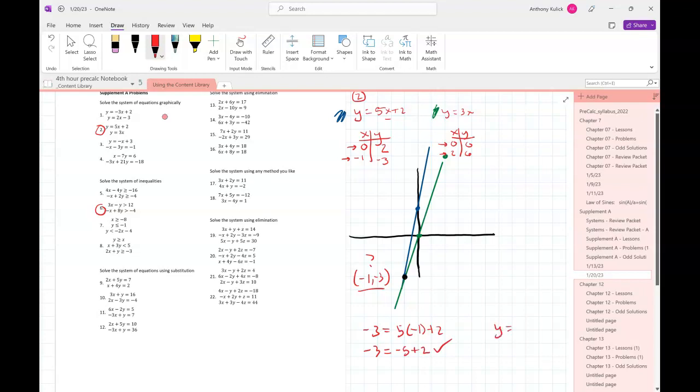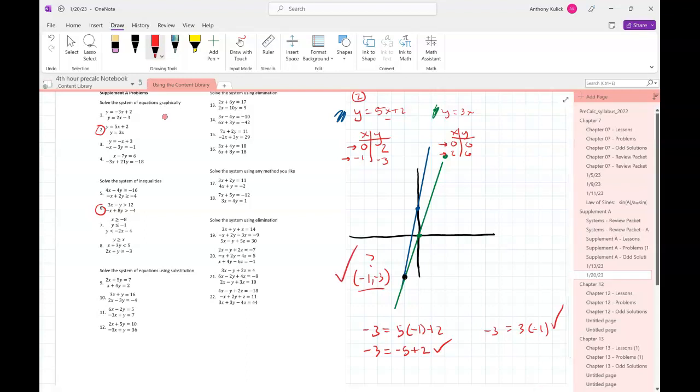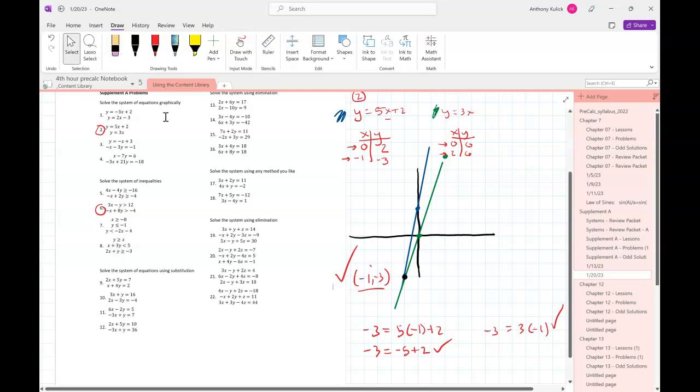If I take my second equation and plug in -1 for x and -3 for y, well, -3 is 3 times -1. That satisfies it. So I'm 100% sure that is my solution. Everybody feel good on that?